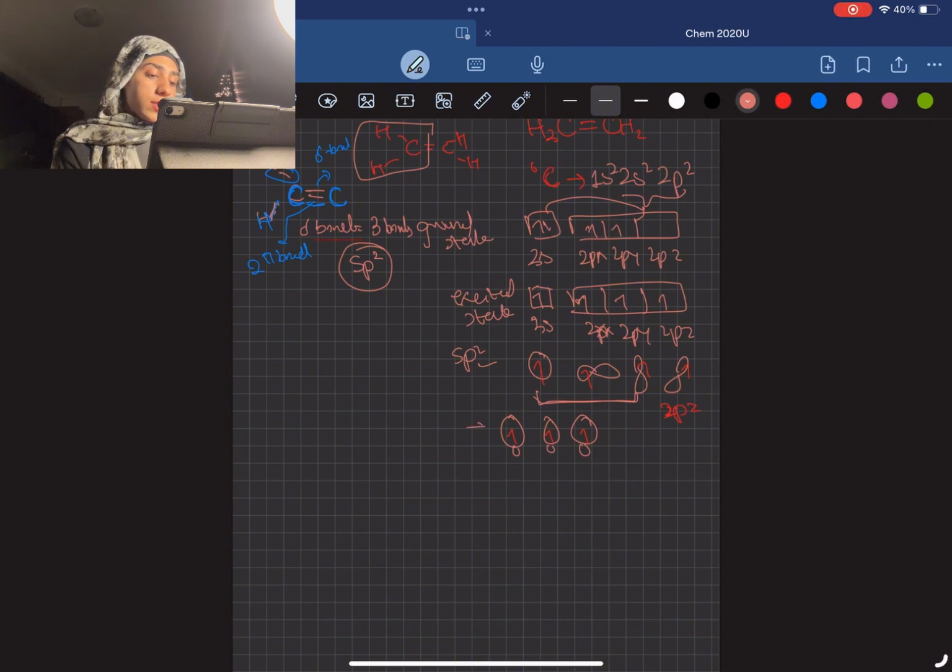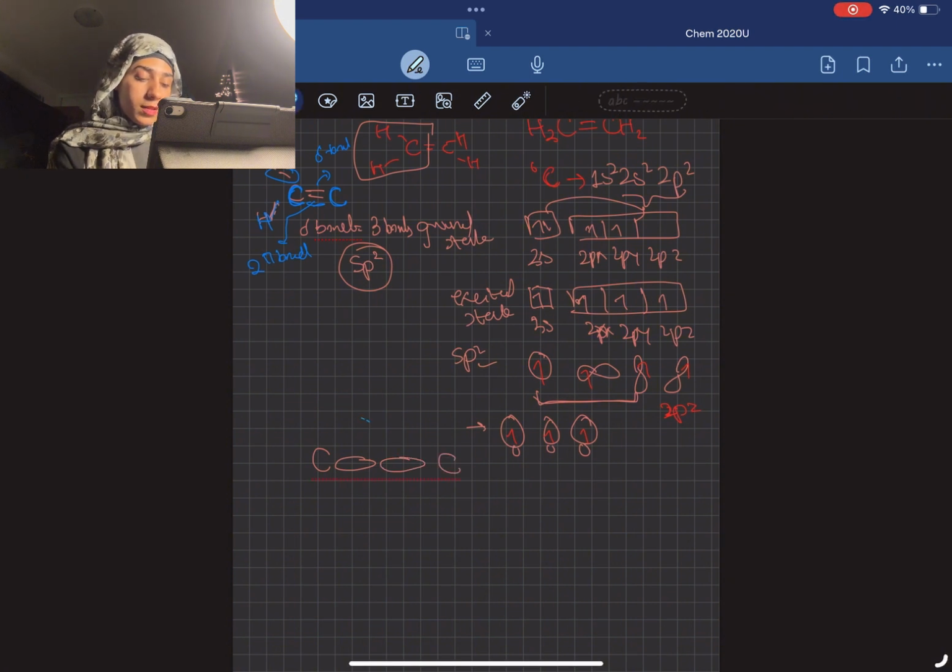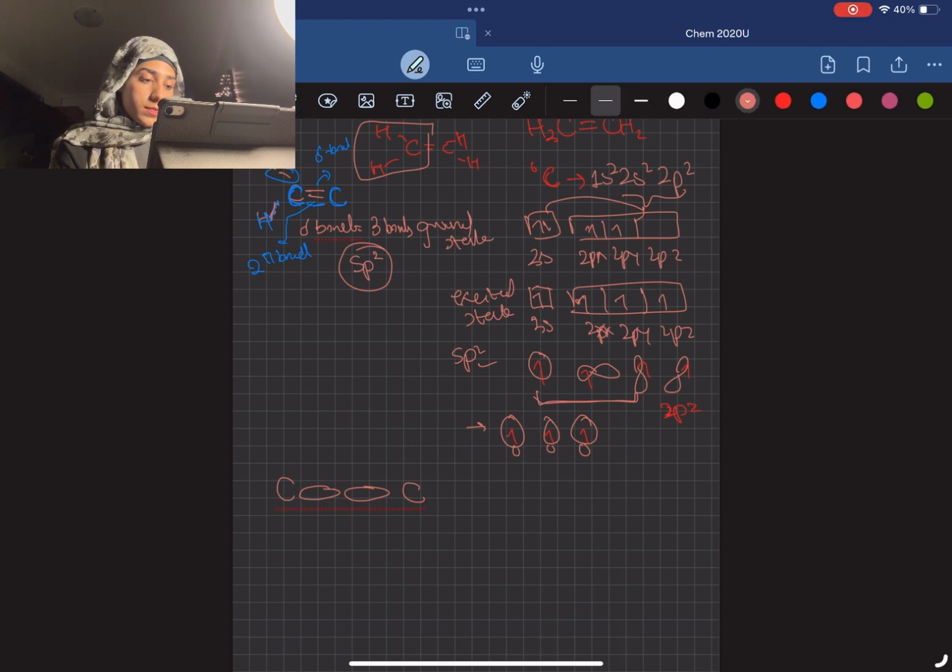Now, because we did it for 1 carbon, the same is going to be followed for the other carbon. So when I make the shape now, I have 1 carbon here, and it's going to make this 1 bond, and this carbon is going to have this other. Let me just put it a little bit on the side. This carbon had its 1 bond, this other carbon had its 1 bond. We can just overlap them right here. We don't really need to do that again.